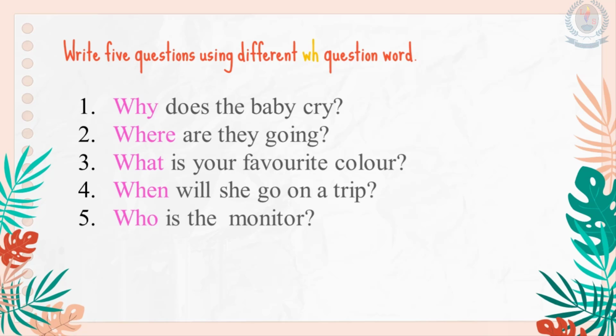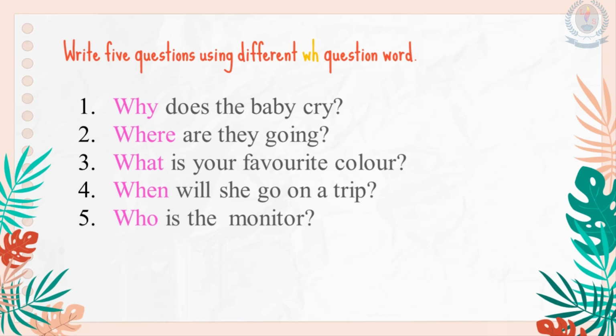Now, you can write 5 questions using different WH question words. See my examples. Number 1. Why does the baby cry? So the question word I have used here is why. Second one, where? Where are they going?